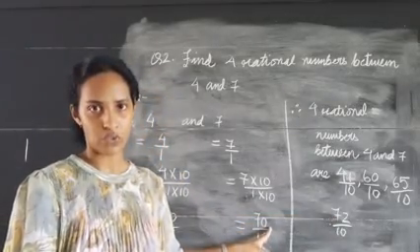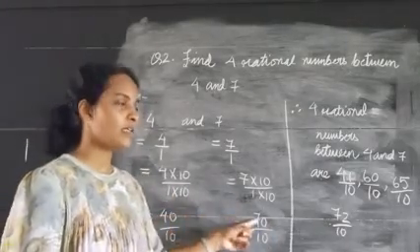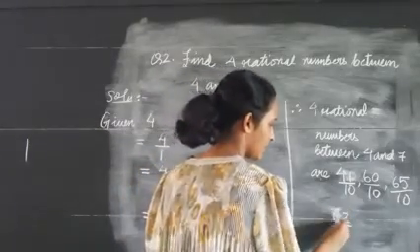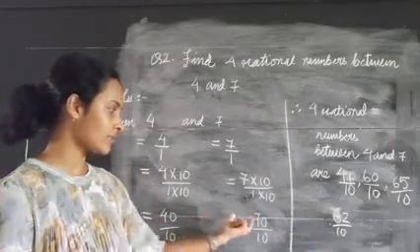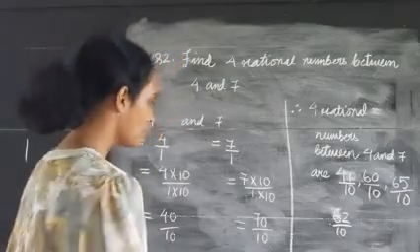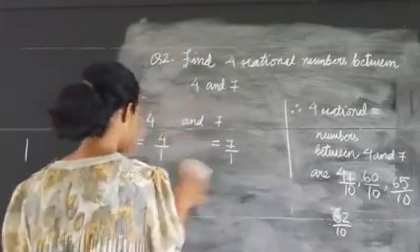No, I cannot take 72. Whatever number I take in the numerator should be between 40 and 70, right? So can I take 62? Yes, I can definitely take 62. Why? Because 62 lies between 40 and 70. Alright? So this is the method that you need to follow. Let's see another example.